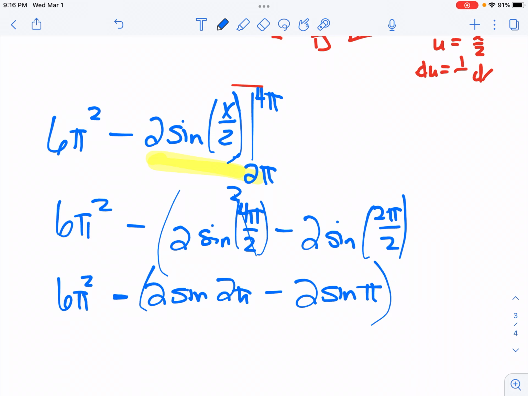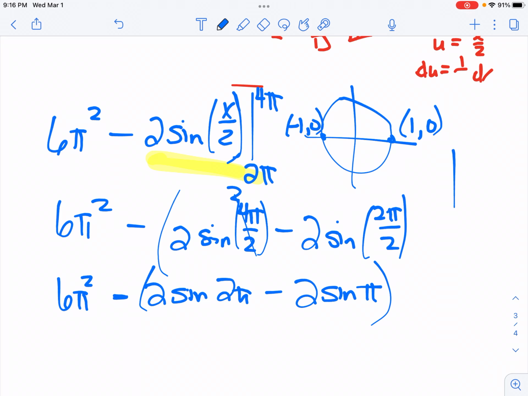Wherever you are in your unit circle memory, we're looking at either 0, pi, or 2 pi. That's 1 comma 0, or negative 1 comma 0, or if you prefer to think of the sine in terms of its graph, the sine of pi is 0.